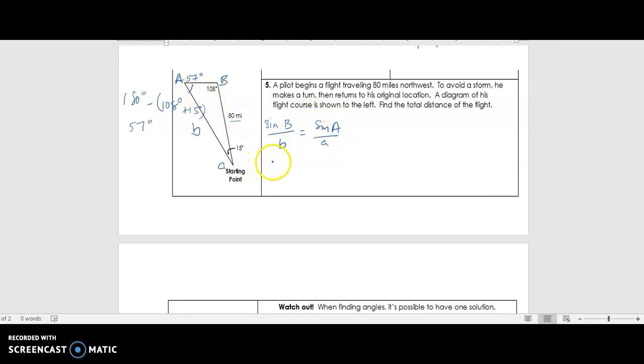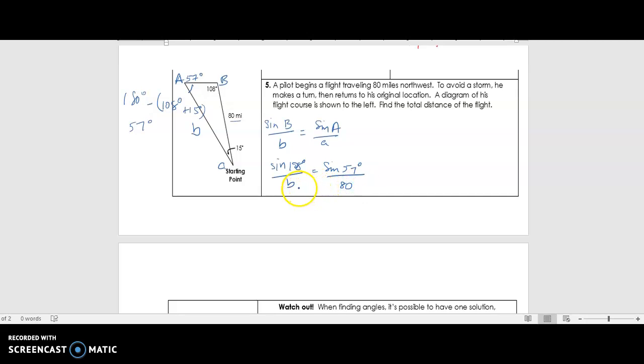Let's substitute the values. Sine 108 degrees over b, which we need to find, equals sine 57 over 80 miles.